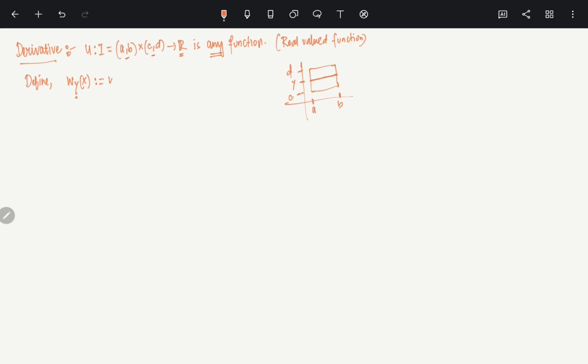So now we have this function of x and y, and for any fixed y, where am I taking y from? (c,d). See, y is fixed, so this function is no more a two-dimensional function but a one-dimensional function.